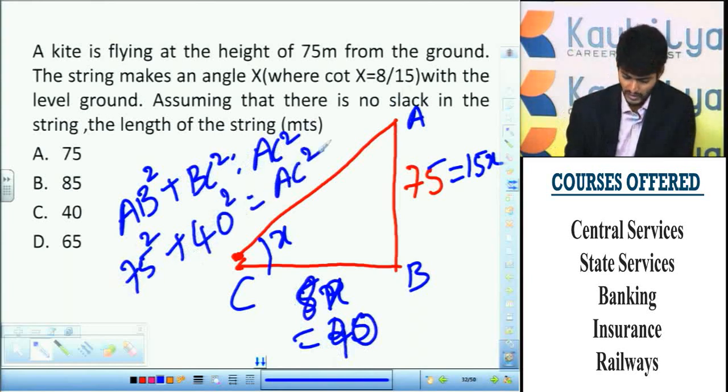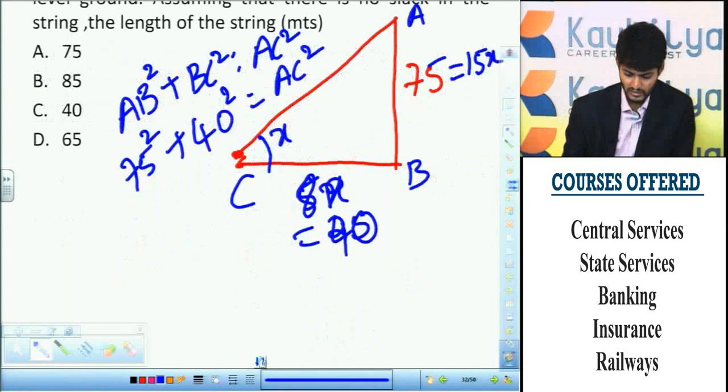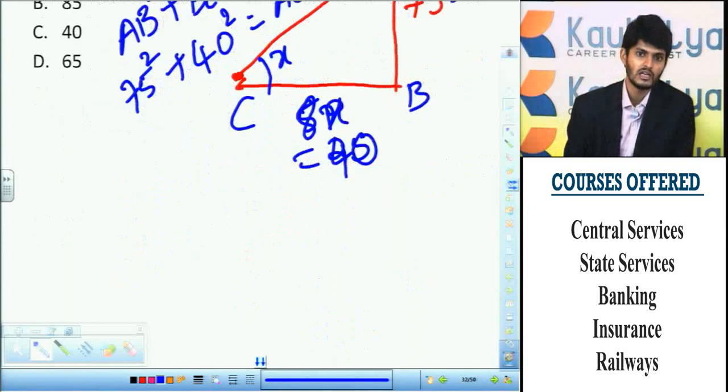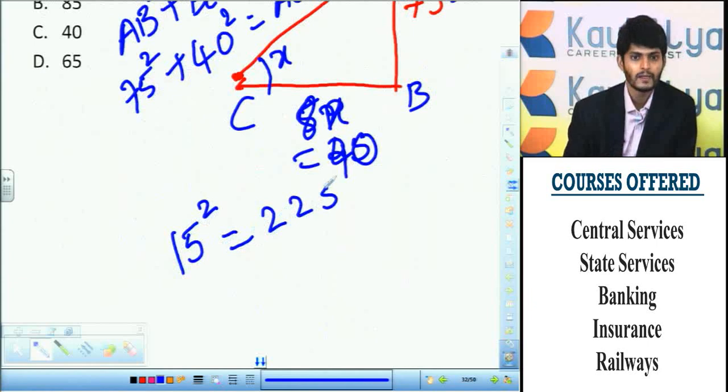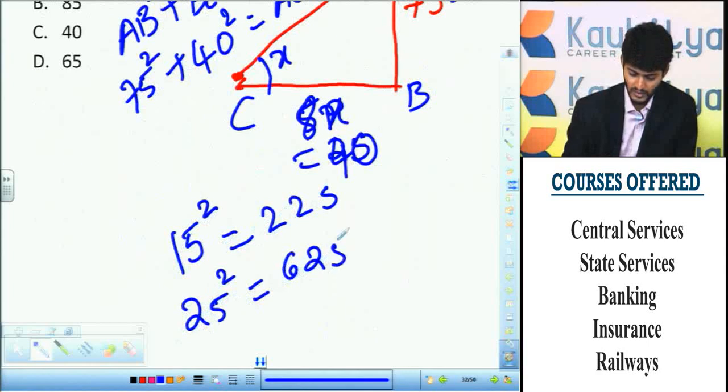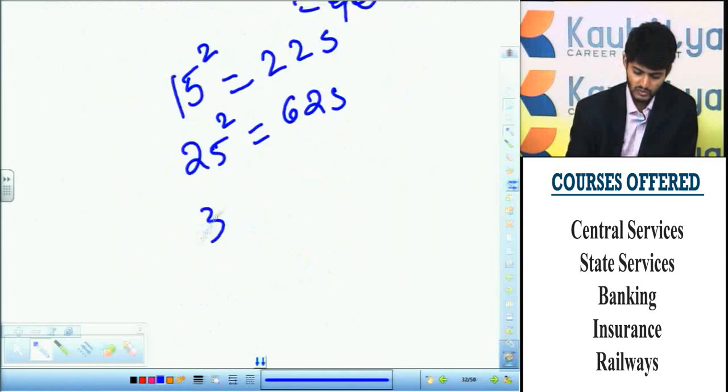Now coming to one technique using which you can learn squares ending with 5 easily. So let us observe a similar pattern and I will come and explain this answer. Now look at 15 square. You are aware 15 square is equal to 225, and similarly 25 square is 625, and similarly I am taking two more values for your convenience, which is 1225.